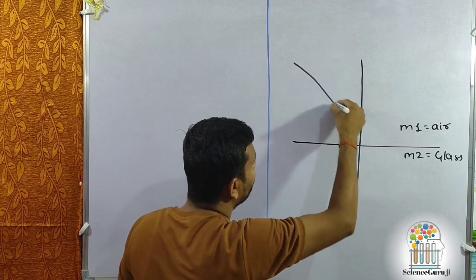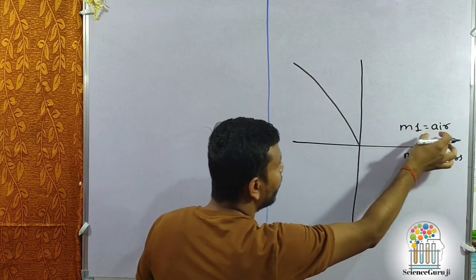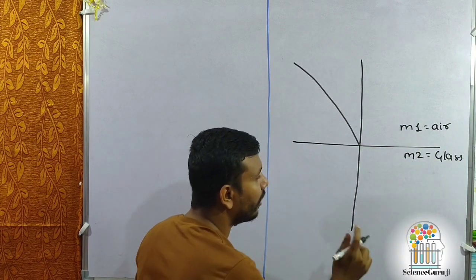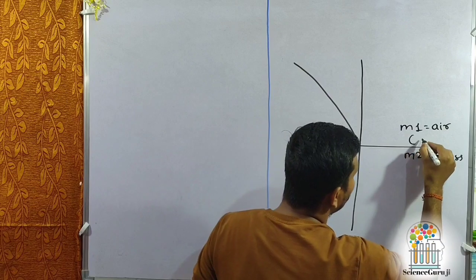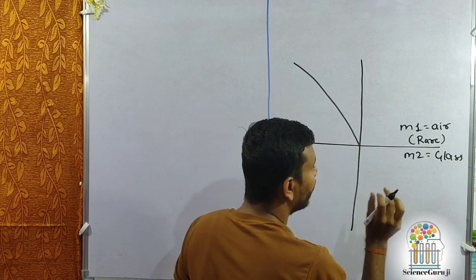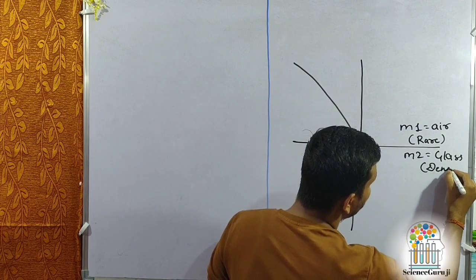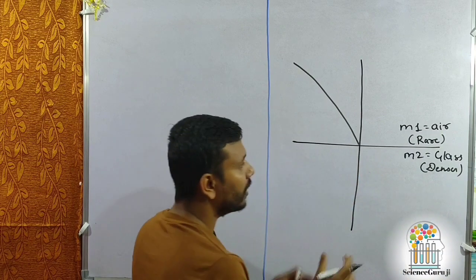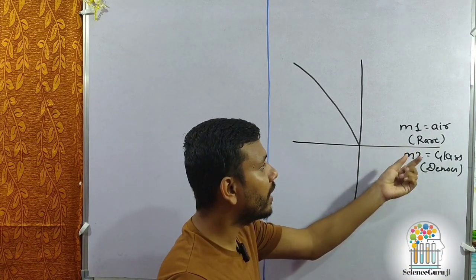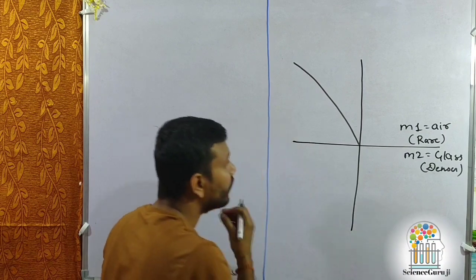One incident ray comes from a source and goes from the air to the glass. Here air is our rare medium and glass is our denser medium, because its particles are denser, while in the rare medium the particles are a little bit apart from each other.